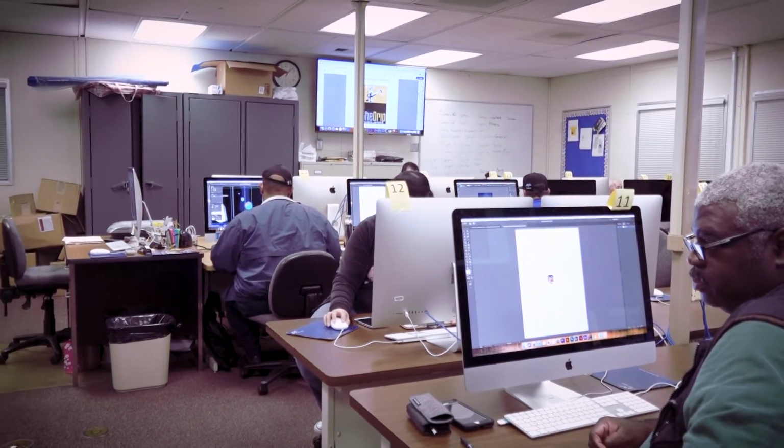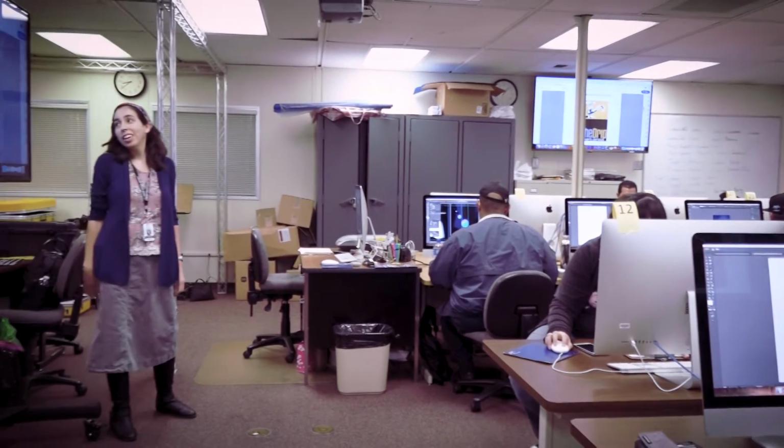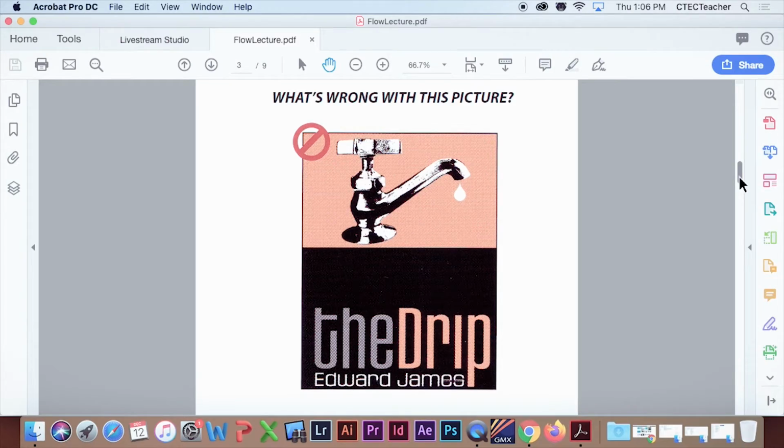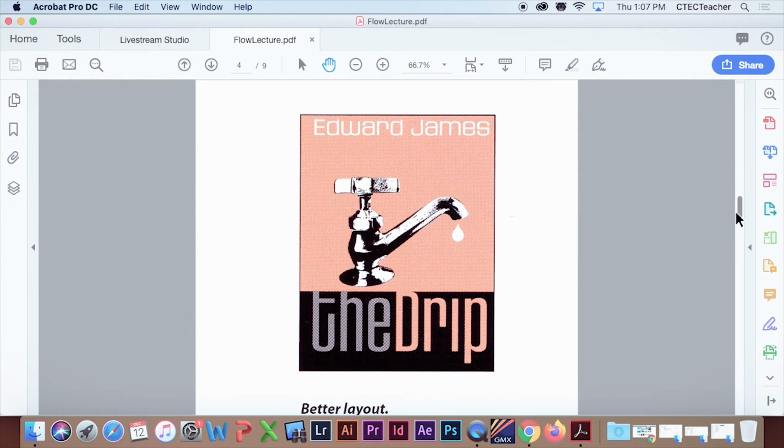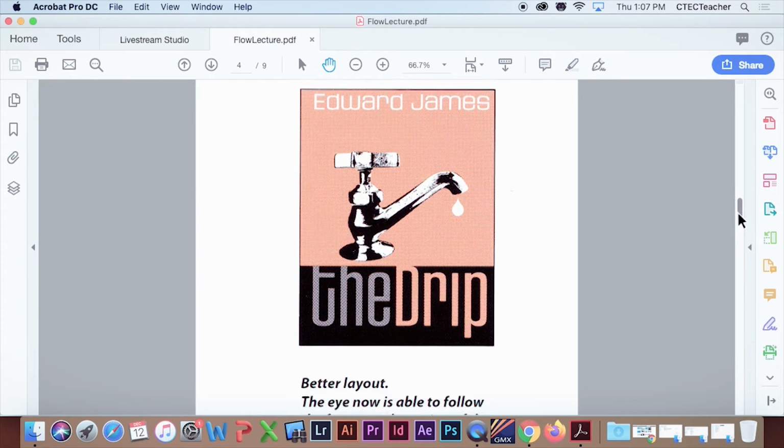Nothing. Again, same problem, nothing. And it's just a really bad decision to create a horizon right down the middle like that, especially with all this space here. A much more interesting place to create a horizon is off-center. And that's how they corrected this one, this book cover.